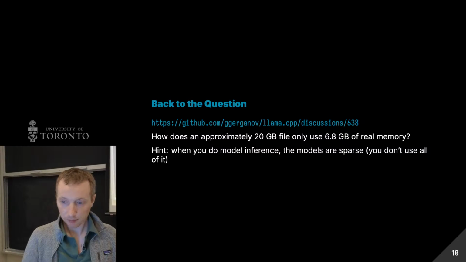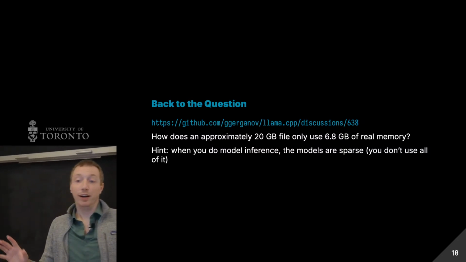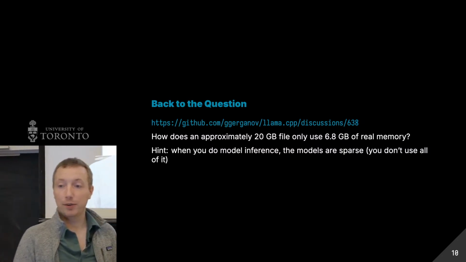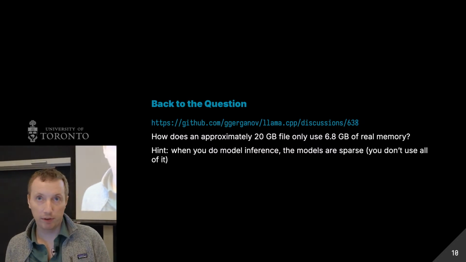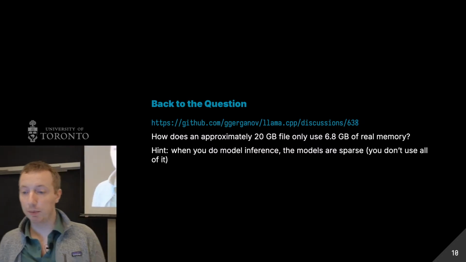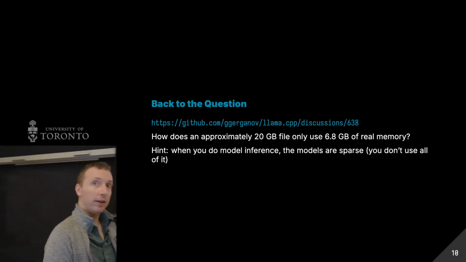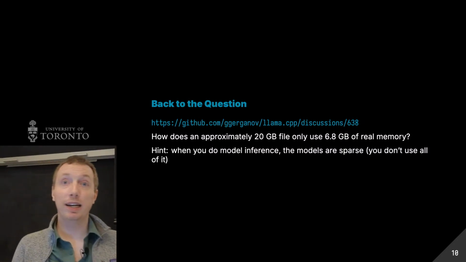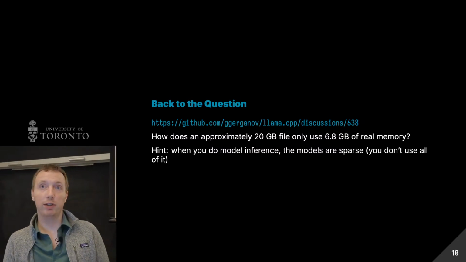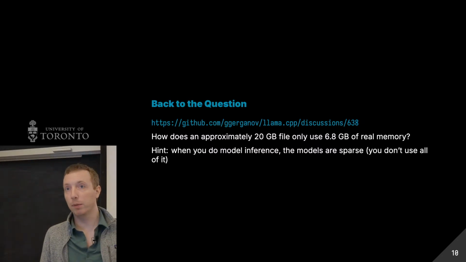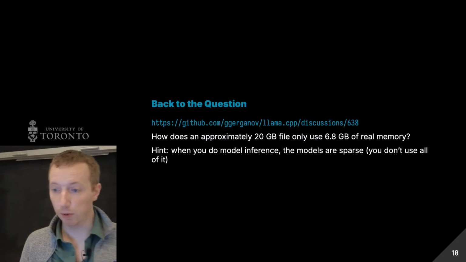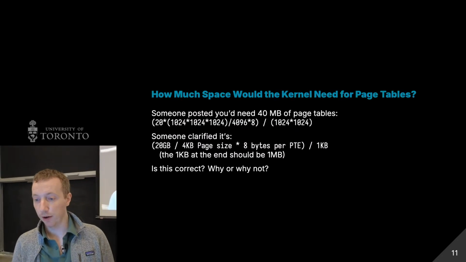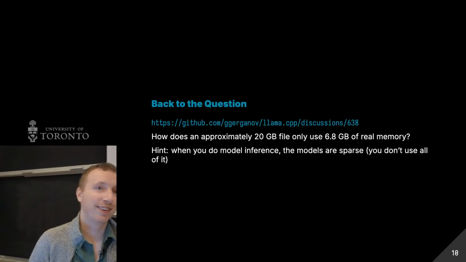So back to the question. That 20 gig file only uses 6.8 gigs of real memory. The reason this works is because when you do model inference, it's typically really sparse. You don't use all the parameters of the model to do one single inference. So what did they do?